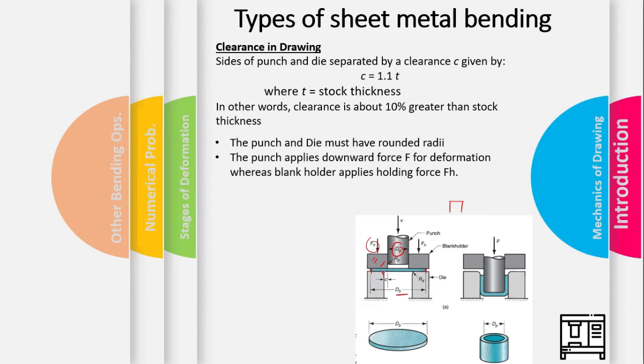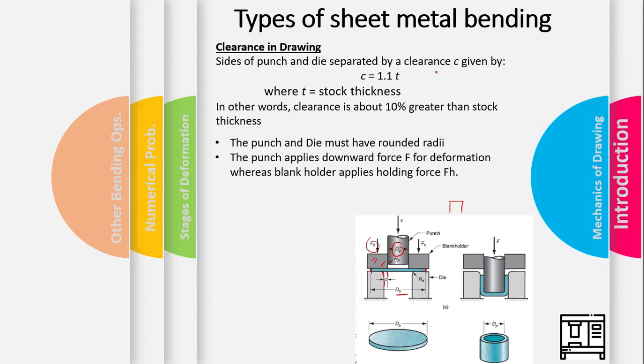Then we can see there's some clearance between the punch and the die cavity, and as we know, in the previous operation we had the clearance equal to a times t, but in the case of the sheet metal drawing, the clearance is 10% greater than the stock thickness, like 1.1 of t.